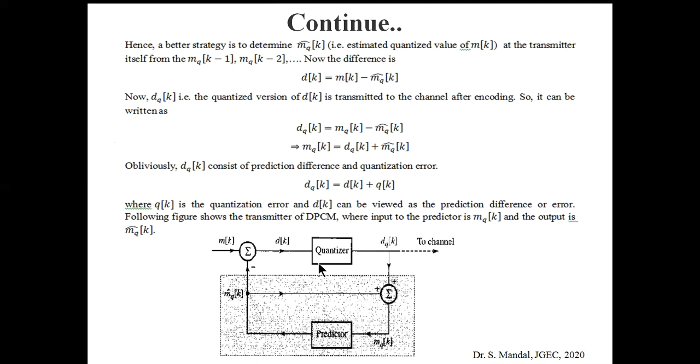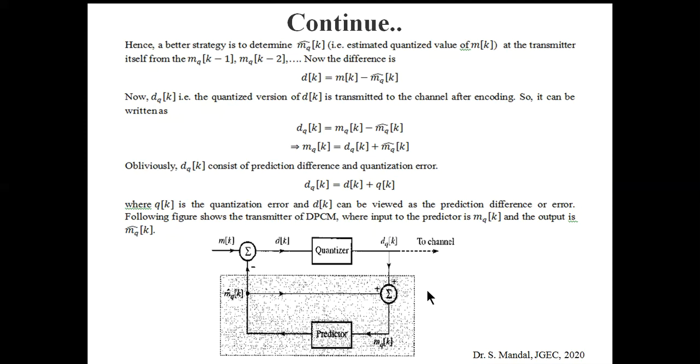To deal with or remove this kind of noise, a better strategy is to determine m cap qk, that means the estimated quantized value of mk, at the transmitter from its quantized values.